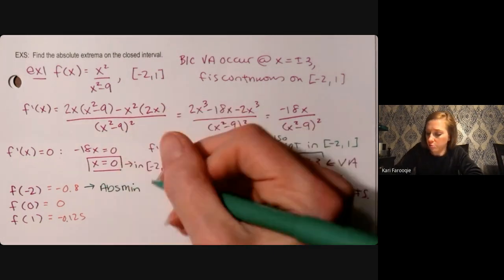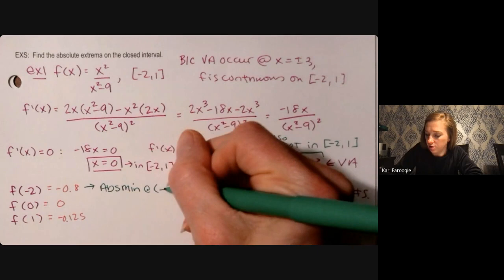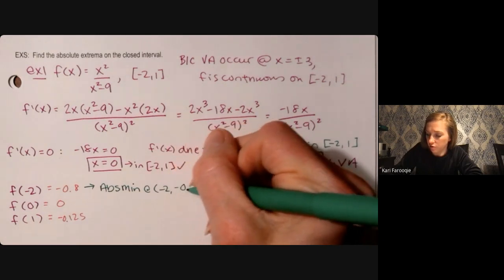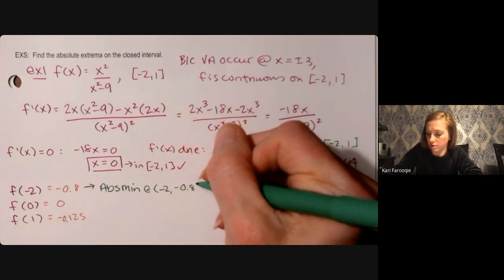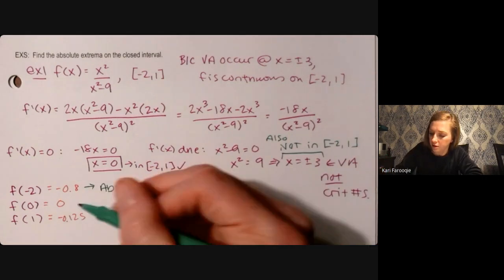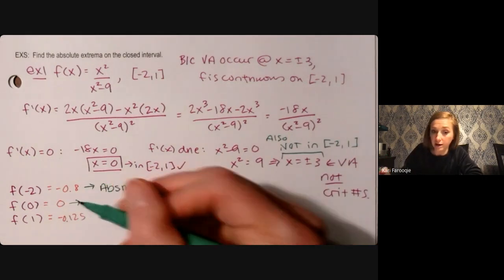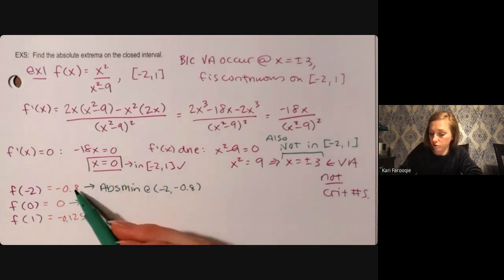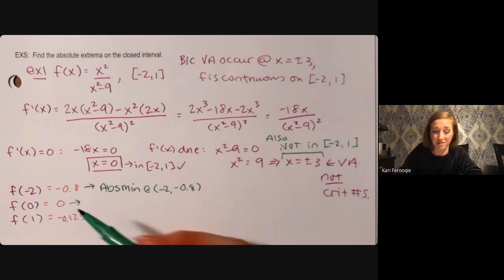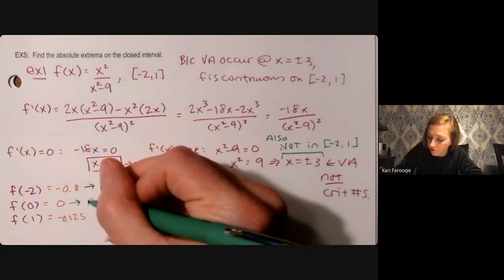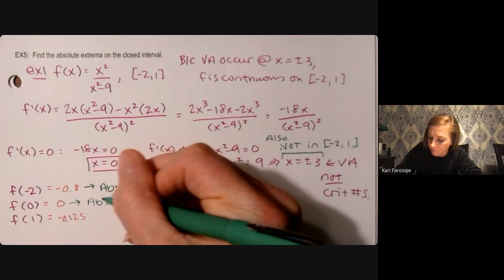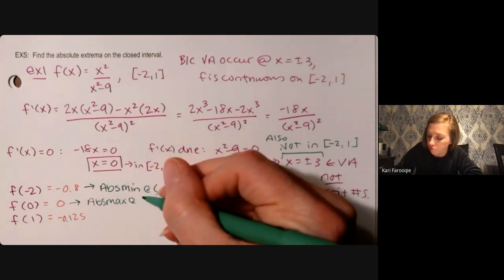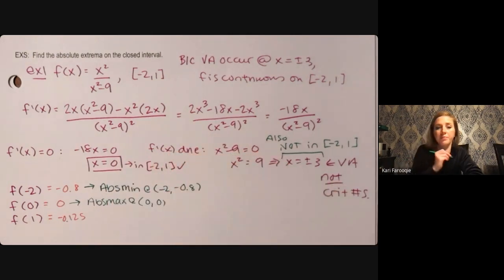The absolute minimum occurs at the point -2, -0.8. And then the maximum value, the largest one, is actually 0 because it's not negative. So the absolute maximum would occur at this point, 0, 0.